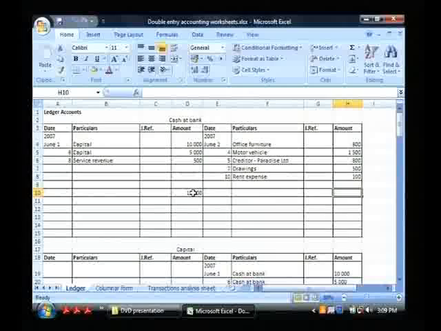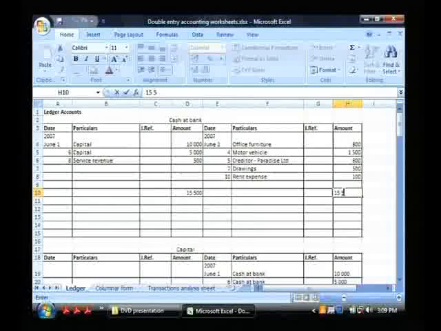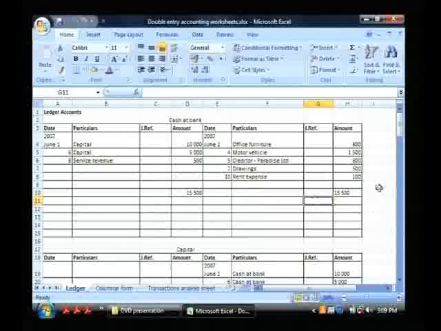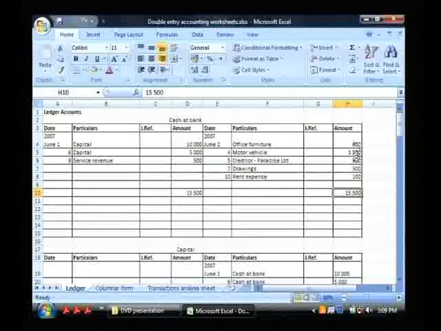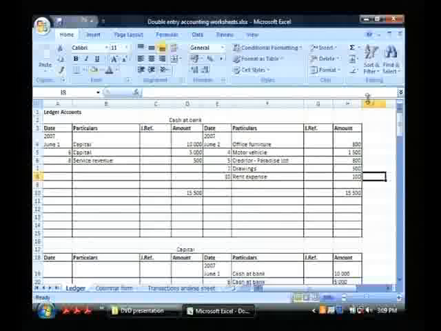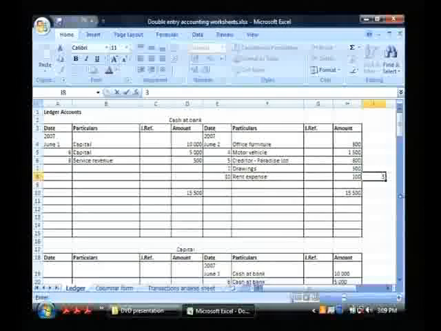Then write the same amount in the credit side also, on the same line, 15,500. This side total is 3,700.